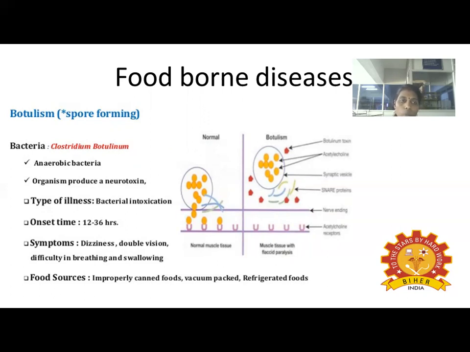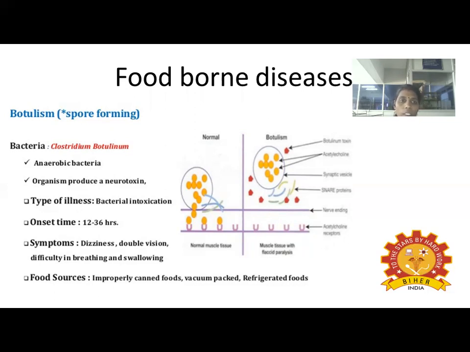Once the disease comes to the human being, the symptoms are dizziness, double vision, where we can't see clearly, and problems with breathing. They will feel difficulties in breathing and swallowing.